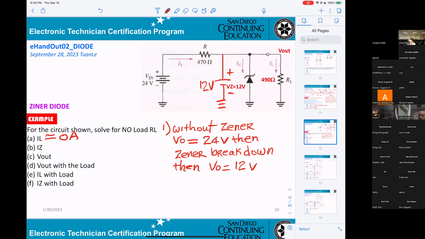And that will calculate IG: 24 minus 12 divided by 470. IG means the current flow here.